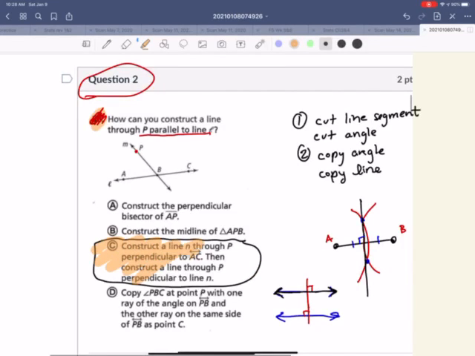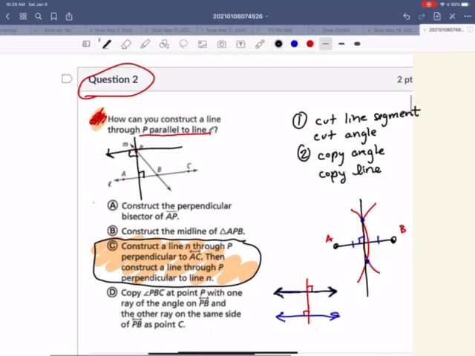I would construct a line through P that's perpendicular to AC. So that would look like this. I'd construct a line that's perpendicular through P, perpendicular to AC. And then I'm going to construct a line that's perpendicular here.